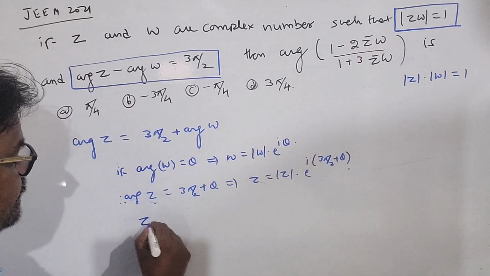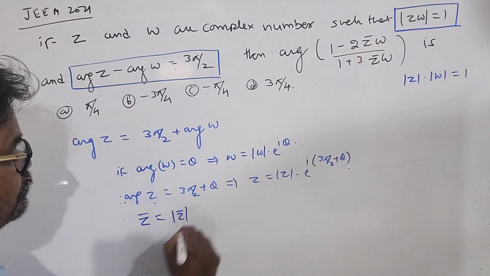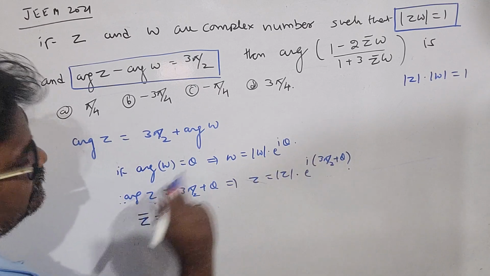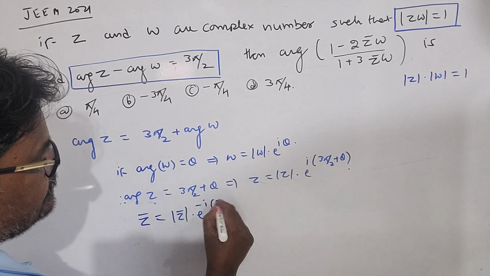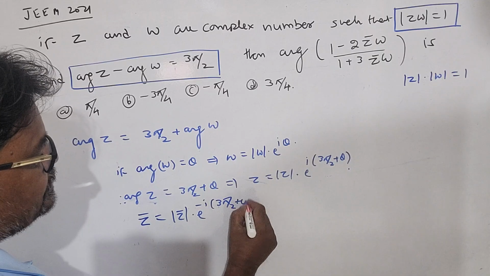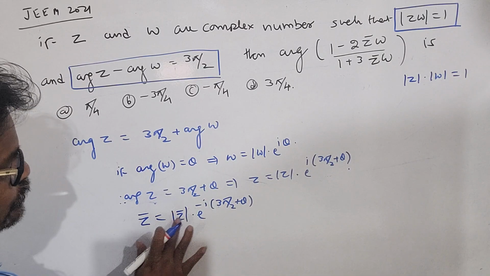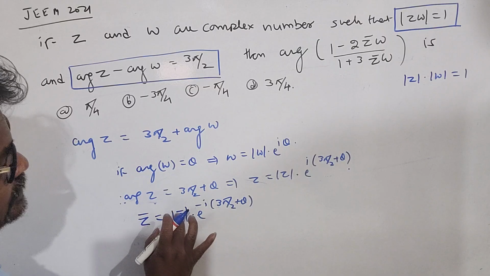Now Z conjugate I can write as modulus of Z conjugate e to the power, the argument of Z will become negative, so minus i times (3 pi by 2 plus theta). And the modulus of Z is the same as the modulus of its conjugate.